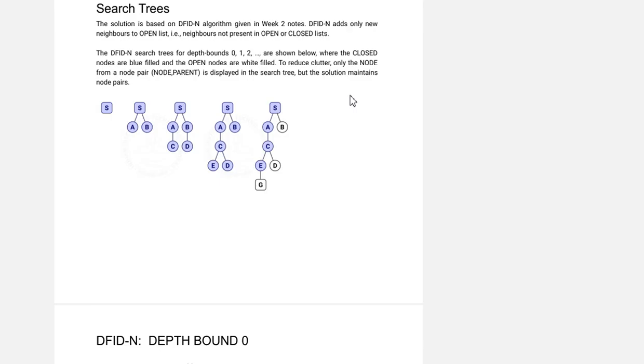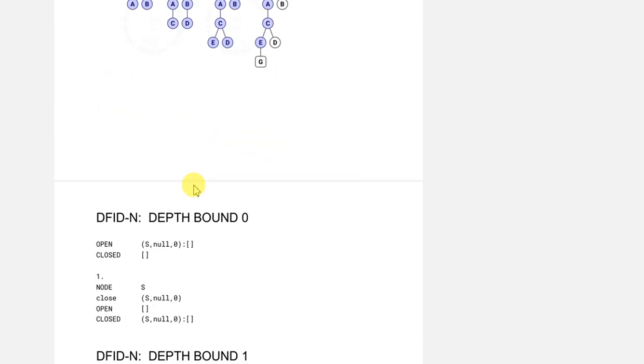When the depth bound is 0, only the search node S will be present. When the depth bound is 1, we go up to level 1. Depth bound 2, we go to the second level, and so on.